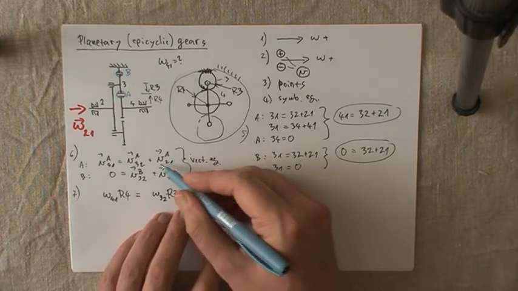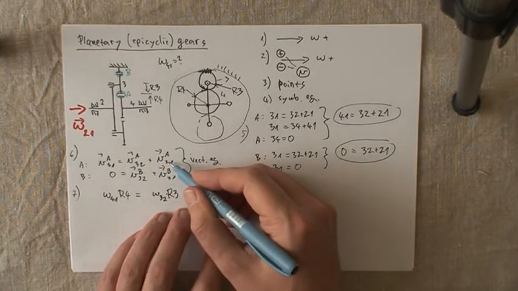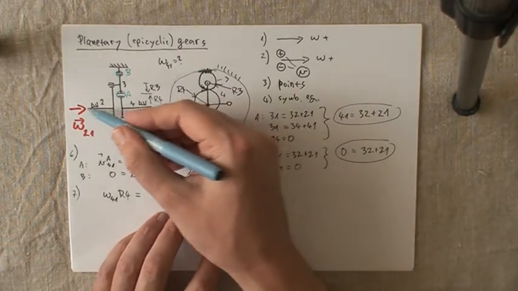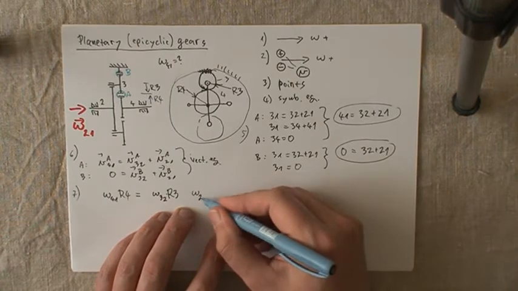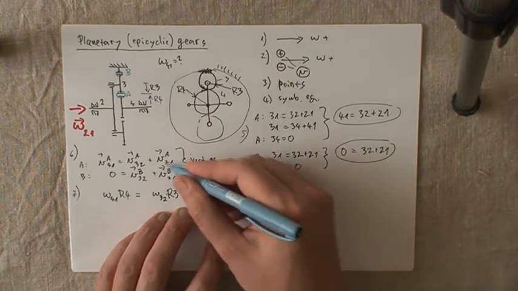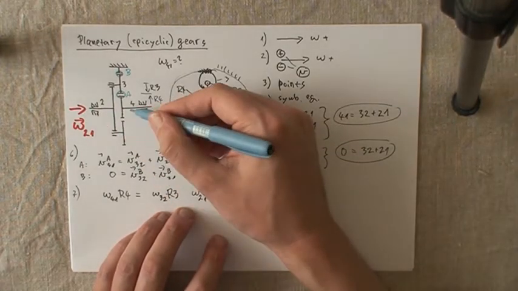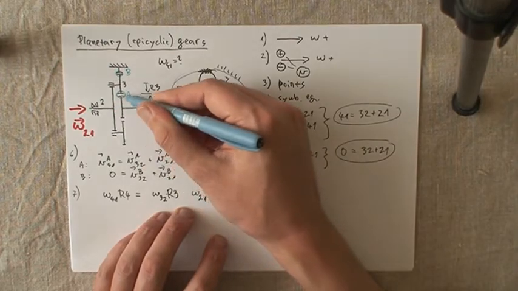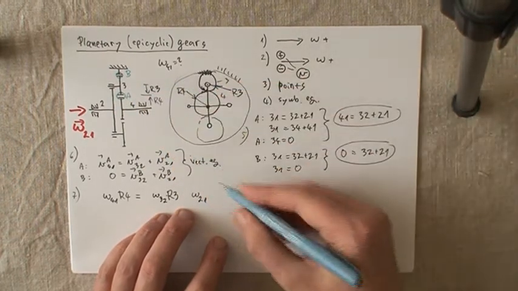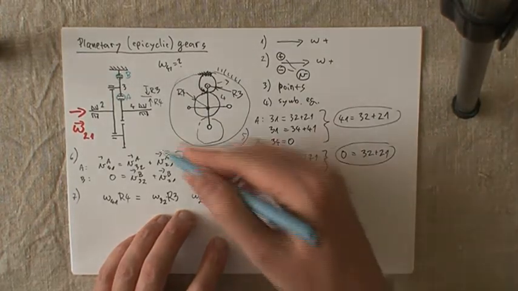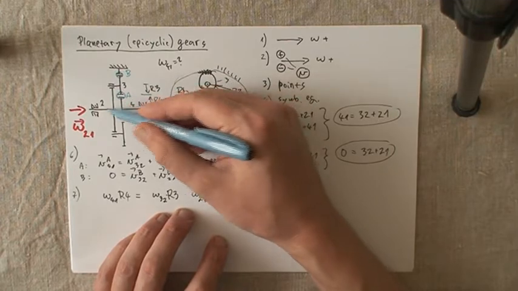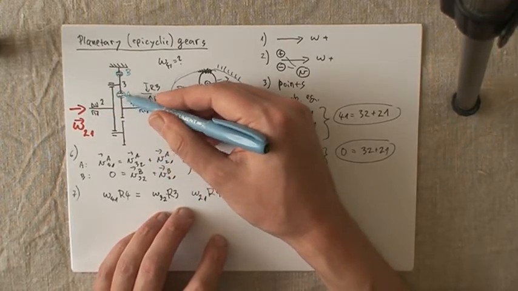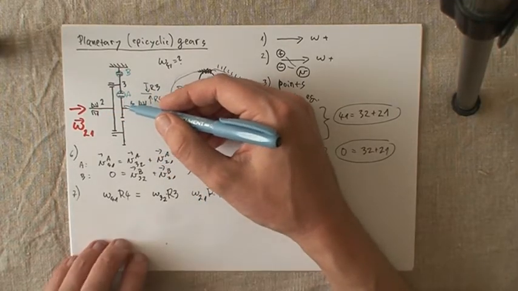And here we have VA 2,1. So the 2,1 axis is here. Omega 2,1, the indexes are the same, times the distance from the axis to the point. So that would be R4. Not R2, because that would be here. From the axis to the point, that's the distance.